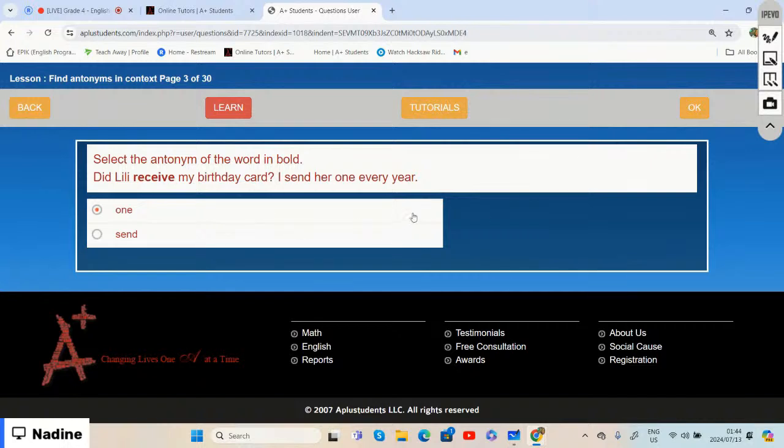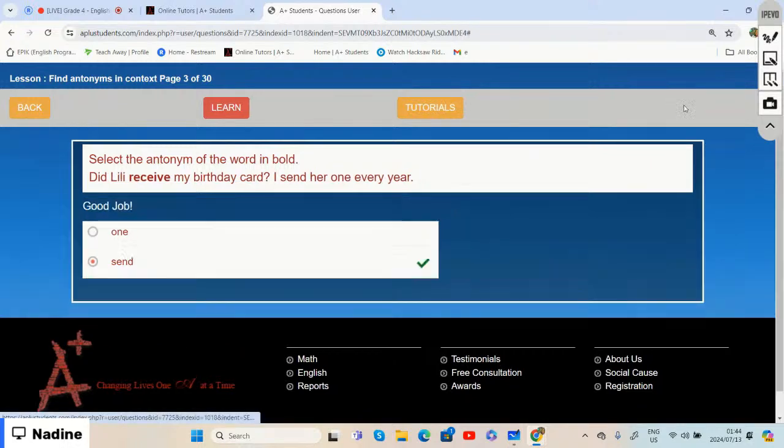If you don't receive something, then you are sending something. If you don't send something, you are receiving something.